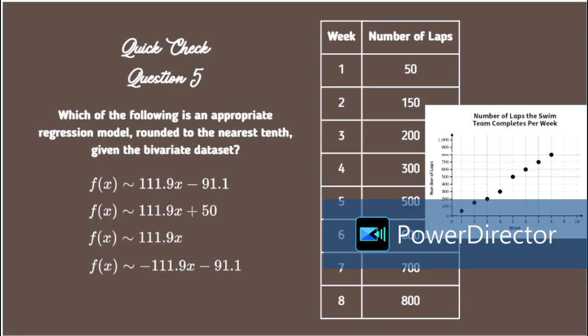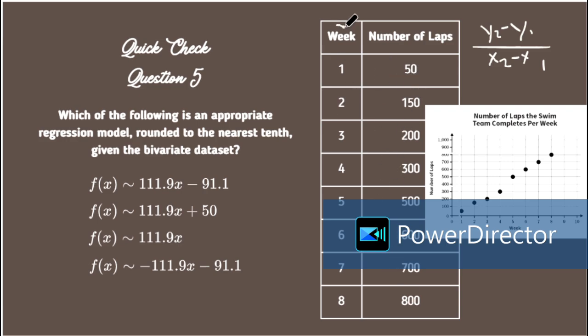Quick check question 5 says, which of the following is an appropriate regression model rounded to the nearest tenth given the bivariate data set? Well, you can look right here and tell which formula it is. It's going to be linear. They're all written in linear, okay? So to find the slope, you're going to do y2 minus y1 over x2 minus x1, and you can use any 2 consecutive points on here.